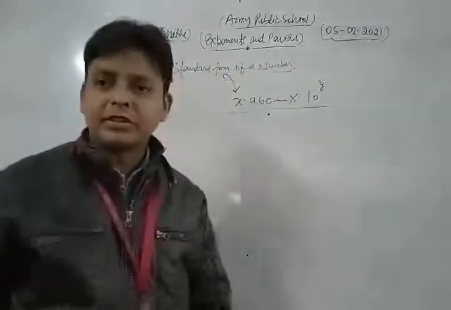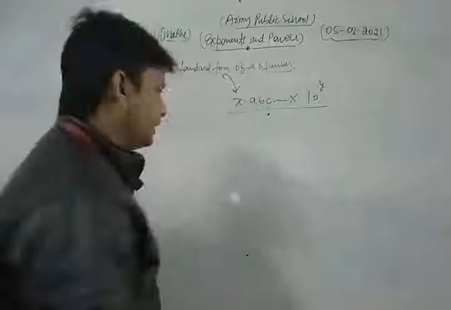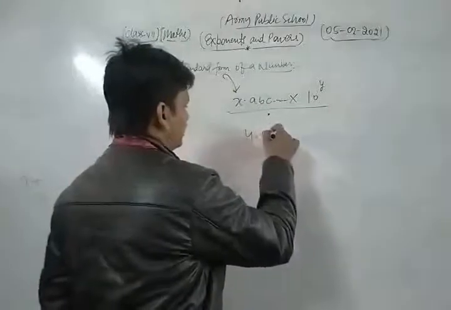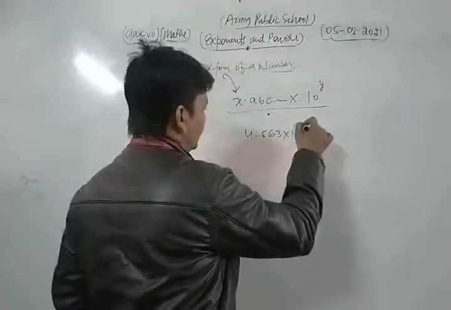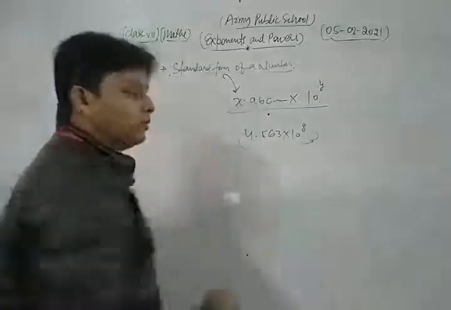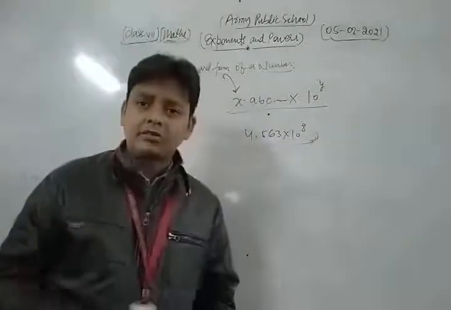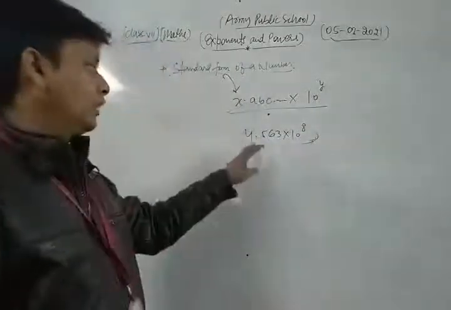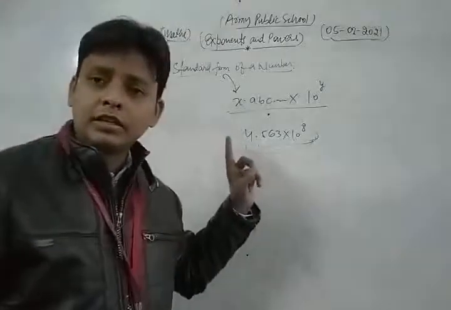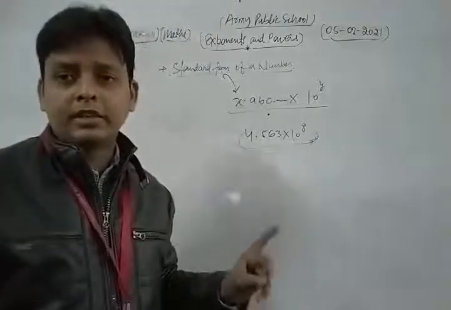Like that, if we write 4.563 into 10 to the power 8, this is the standard form of a number. Means in standard form, there is only one digit on the left side of the decimal.